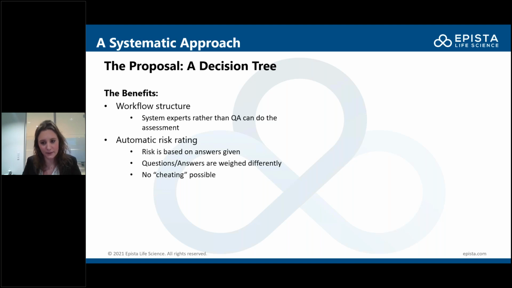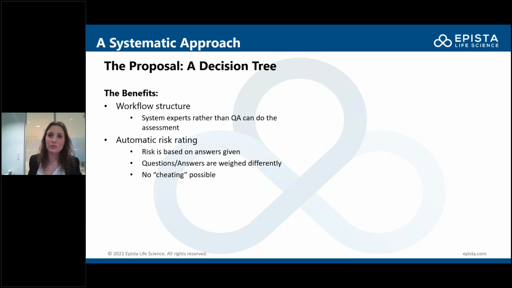The other big benefit that we saw with that is that you have an automatic risk rating. So the risk that you receive in the end is really based on the answers that you give upfront. It's also by doing so weighing the questions or the answers that you are giving in a different way, saying, okay, depending on everything that you have said before, we are weighing this answer, well, more severely or less severely.